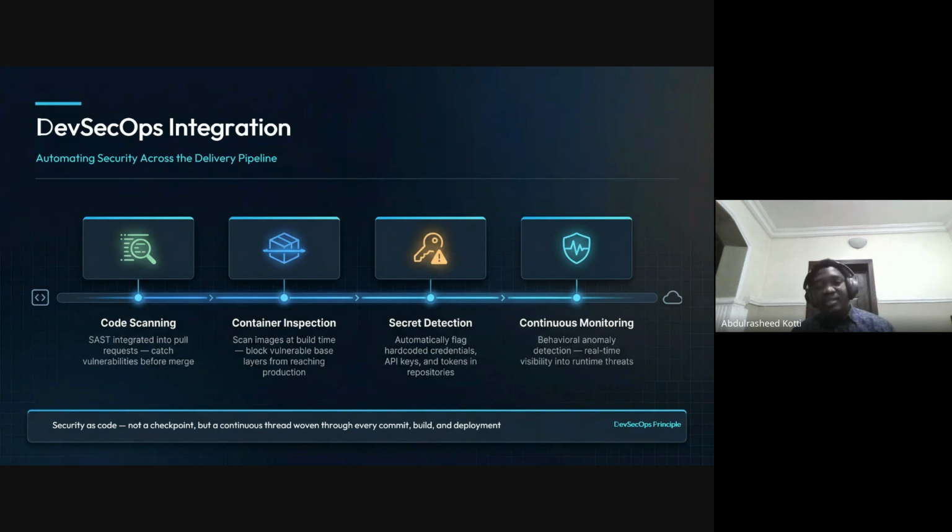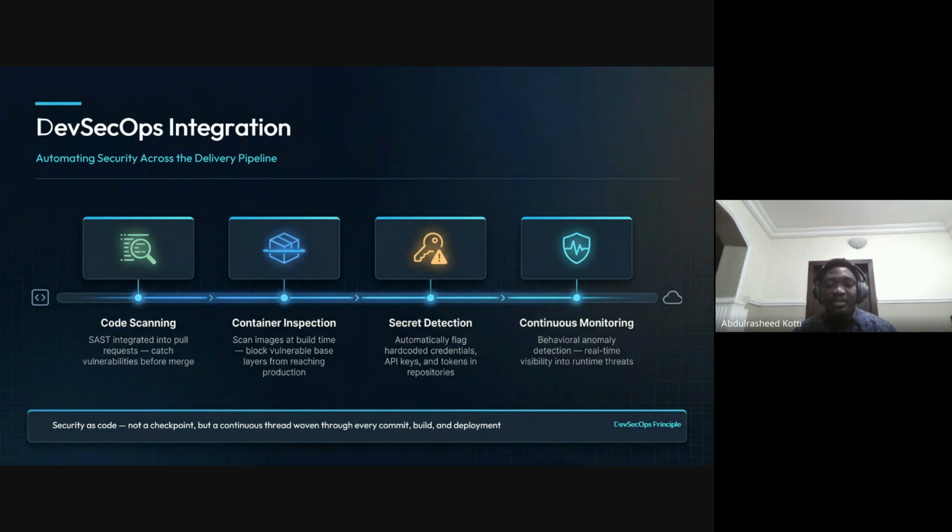Now, why is DevSecOps important? It is important because in many places, security is treated as a final step, and this means that devs will build the app first, then security teams will check it later.